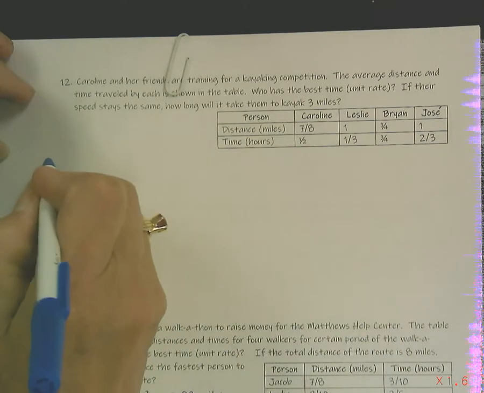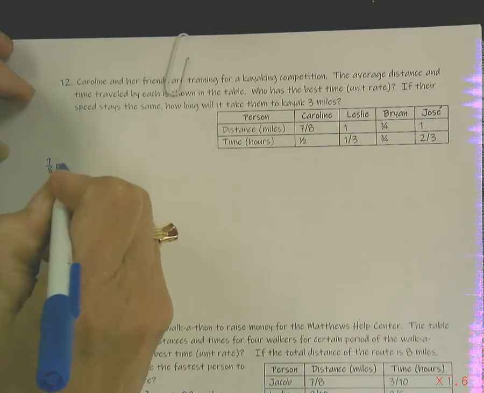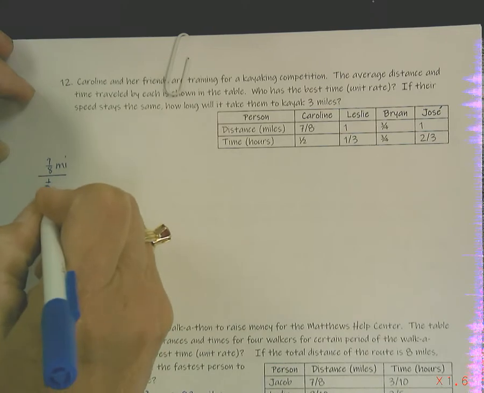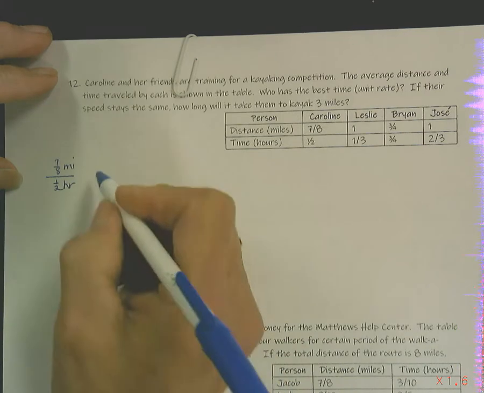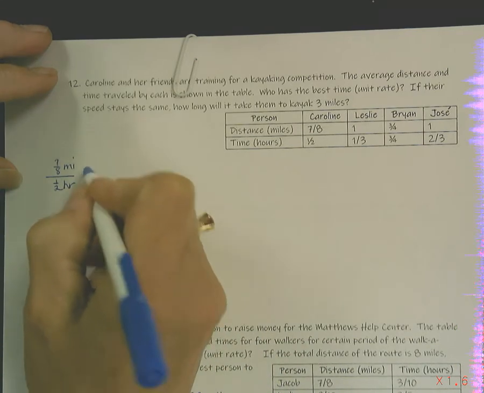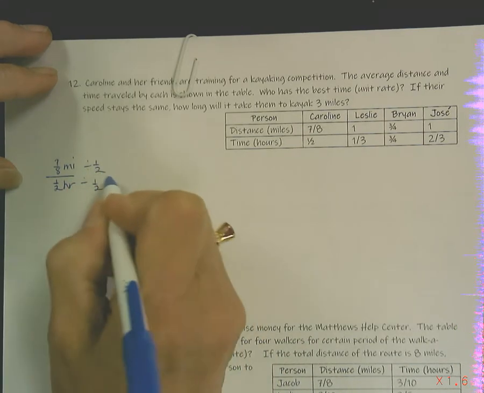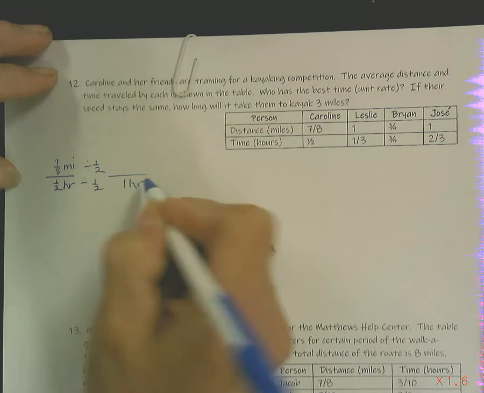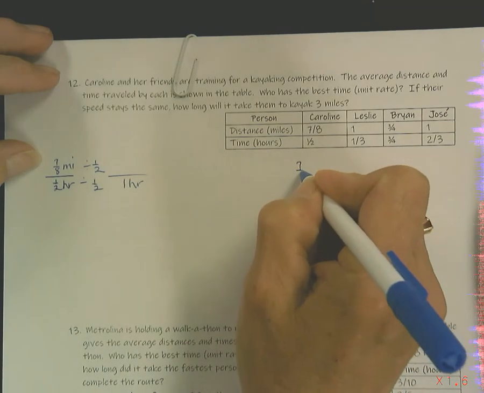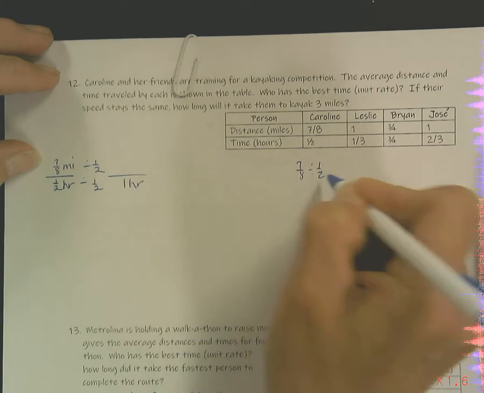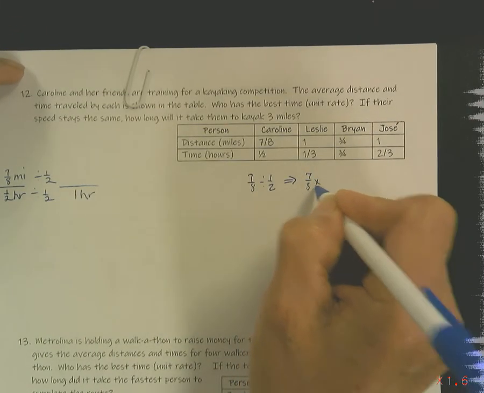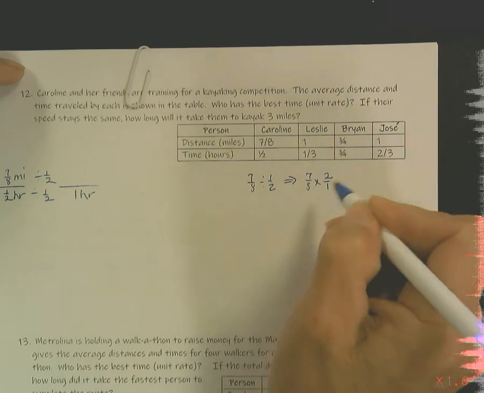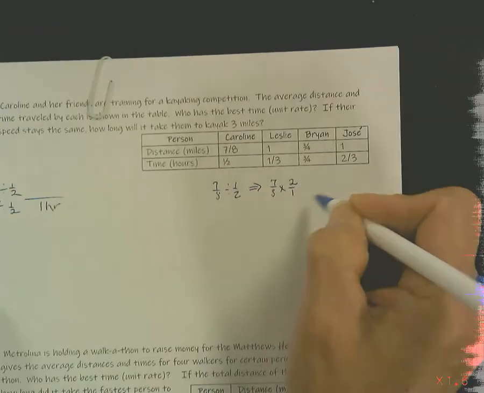Caroline can go 7/8 of a mile in 1/2 of an hour. Anytime you want a unit rate, you divide by the bottom number. So 7/8 divided by 1/2 becomes 7/8 times 2/1, because we have to flip the second fraction.